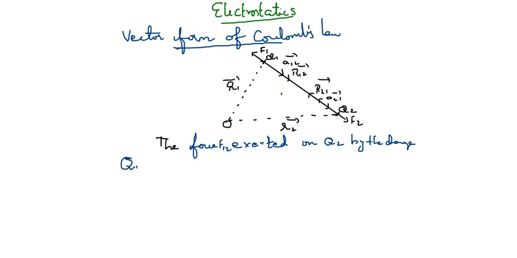How can we write this? It can be written as F12 equal to Q1 Q2 divided by 4 pi epsilon naught, times 1 over R12 square, into the unit vector A12 vector.